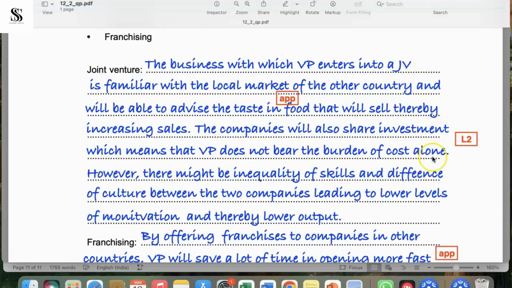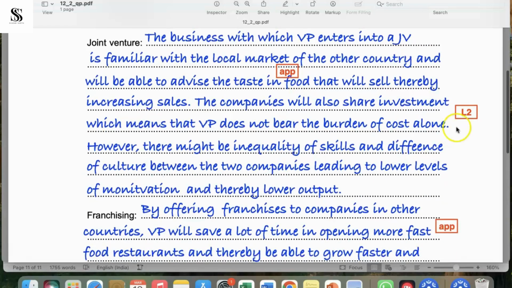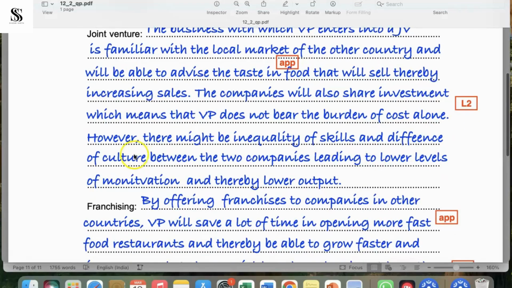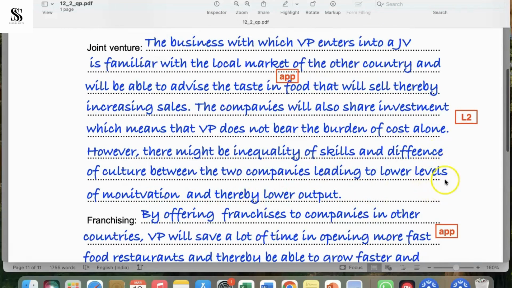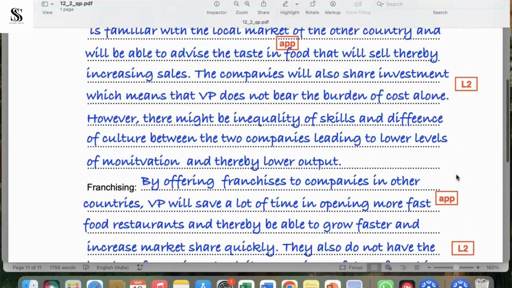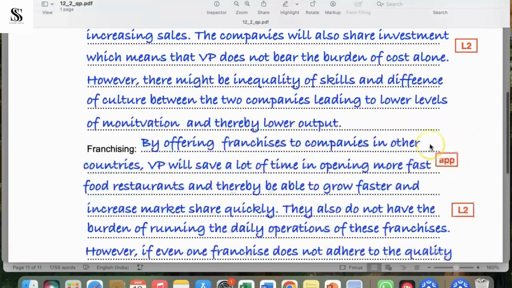So the advantages, a couple of them squeezed together with the end impact of each put together, will get you an L2 there. However, there might be inequality of skills and difference of culture between the two companies, leading to lower levels of motivation and thereby lower output, right? Another L2 mark. Sorry, I've missed out on marking this L2 down here, but this also gets another L2.